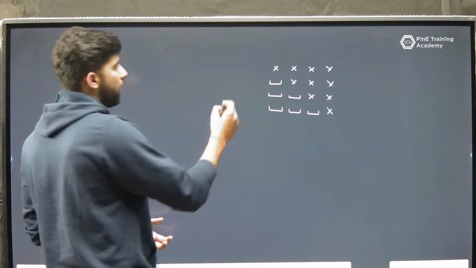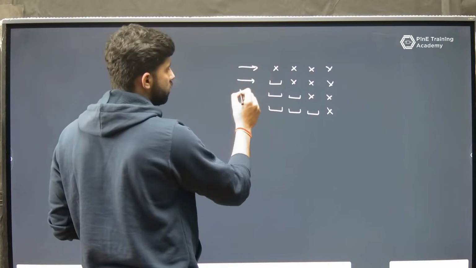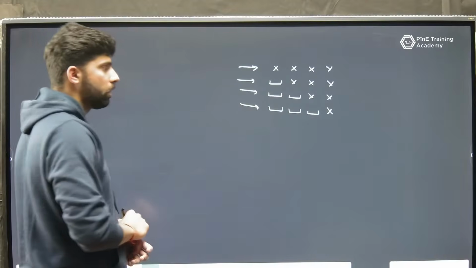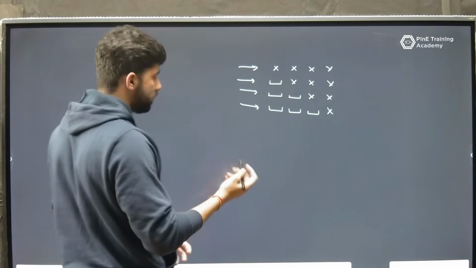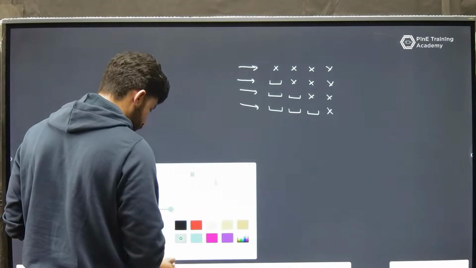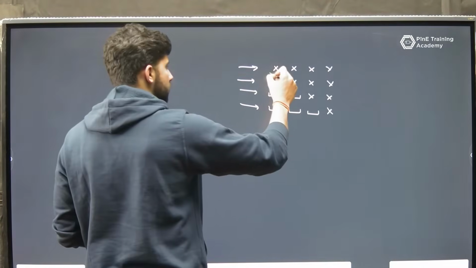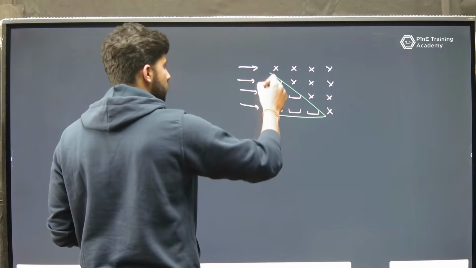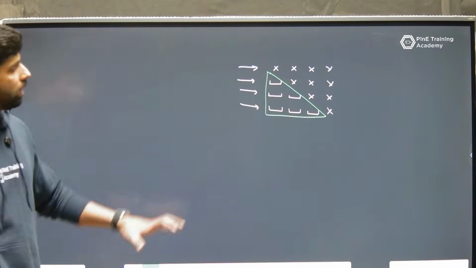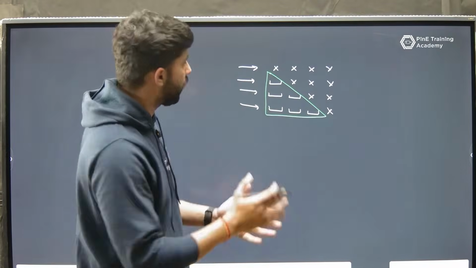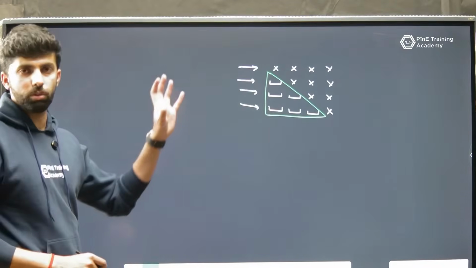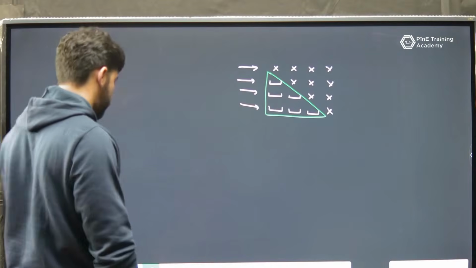Again, we will figure out number of rows. Then we will figure out number of columns. Now, as you can see, the space has this kind of shape, and we have dealt with this shape in the previous slides. We know how to print this shape.